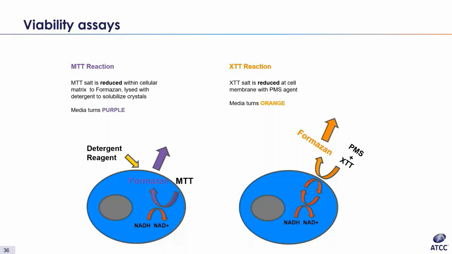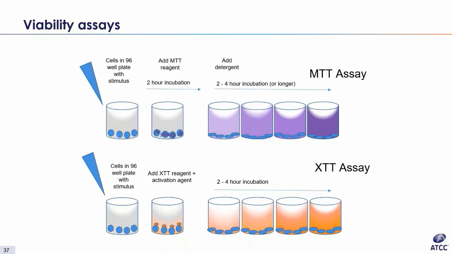From a more practical point of comparison, both assays are designed for 96-well plates, and here we have an overview of what these assays are going to look like. For both, the cells are plated with, in this example, a cytotoxic test compound. With the MTT reagent at the top, there's an incubation period to allow the reagent to enter the cell.